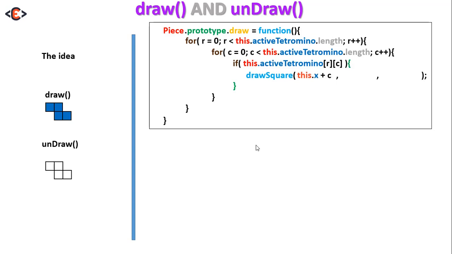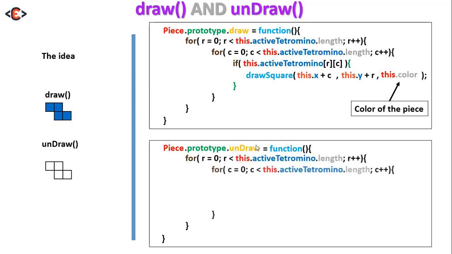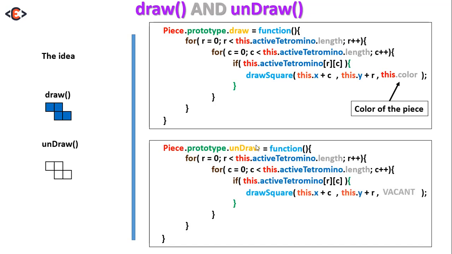And its y position is this dot y plus r, the number of the row. And then for the color we use this dot color. This is the color of the piece. Like we said, the undraw function has the same code. The only difference is this. Instead of using the color of the piece, we will use the white color, the color of a vacant square.